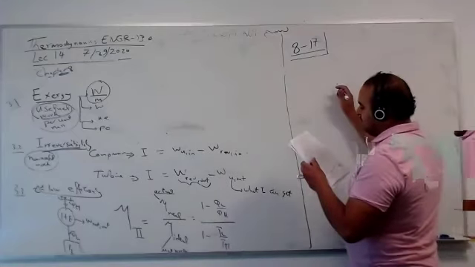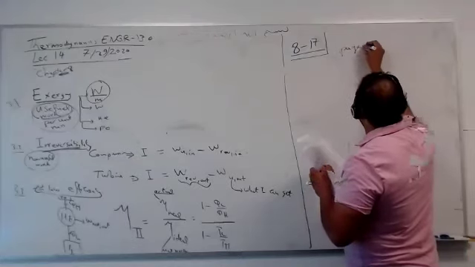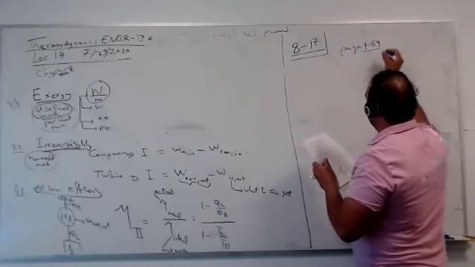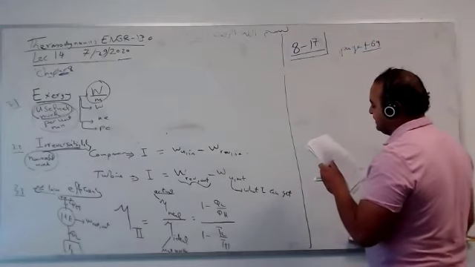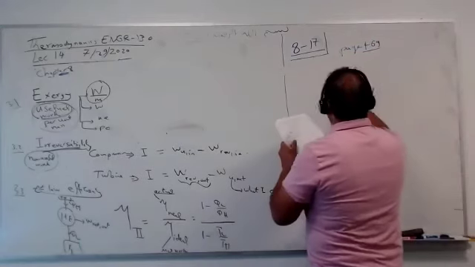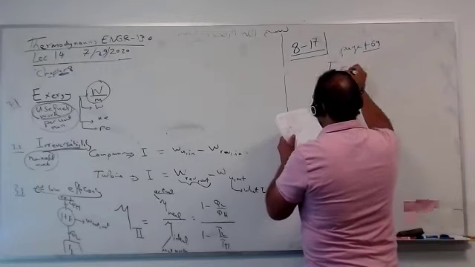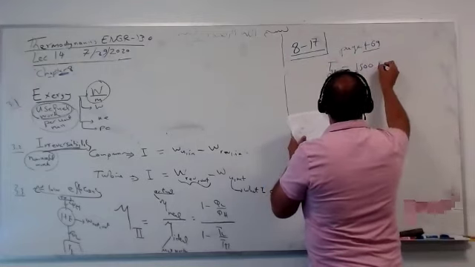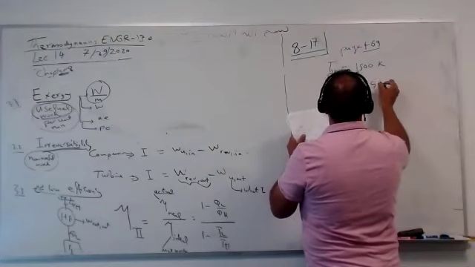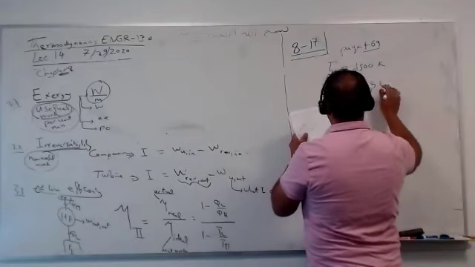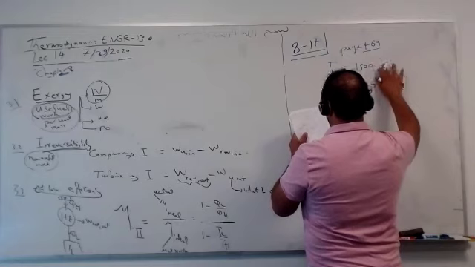Problem 8.17 on page 469, I guess, in your textbook, correct? At the end of chapter 8, one of the problems. We have T high equal to 1500 Kelvin. T low was 25 Celsius. I think this is Celsius, I don't remember.